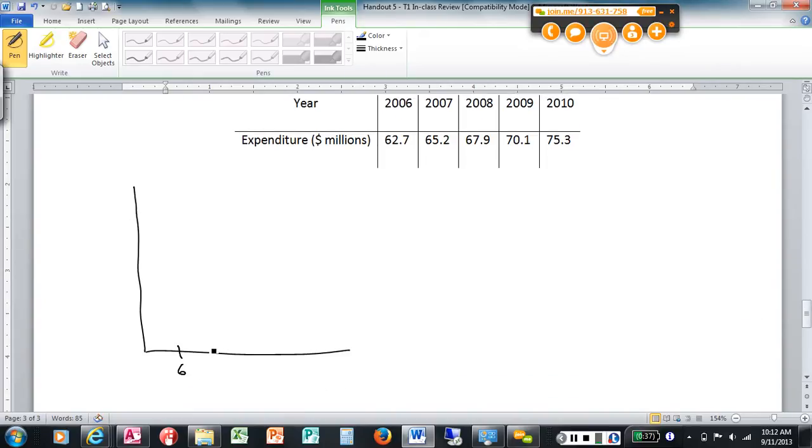I'm going to use 6 for 2006, 7, 8, 9, and 10 for the year. 6 is 2006. And then over here, my expenditures in millions of dollars are 62 to 75.